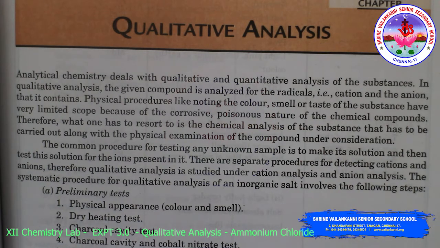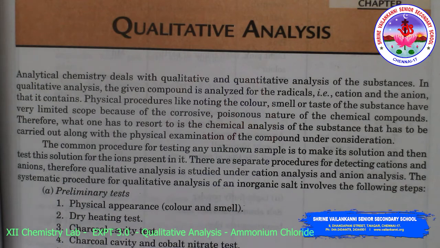Now it is the same, only the difference is the cations and the anions. The acid radical is negatively charged. Examples of acid radicals: chloride ion, bromide ion, iodide ion, sulfate ion, like this.